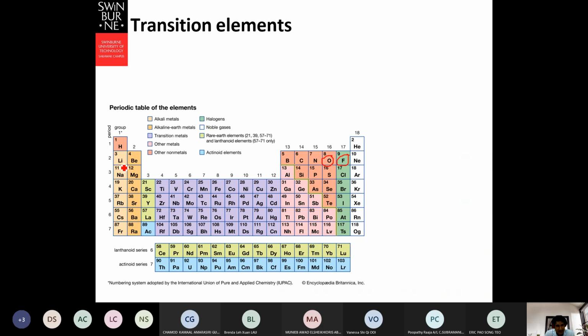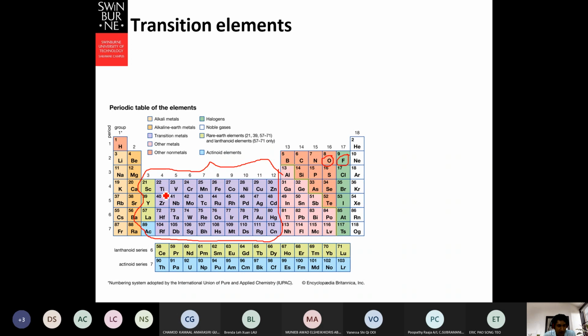Now we see that from 3 till 12, we have the transition metal elements. Since they are transition metals, they will have different oxidation states.